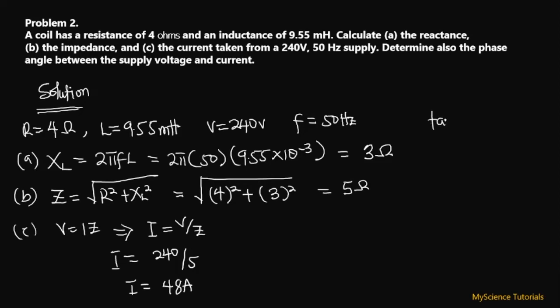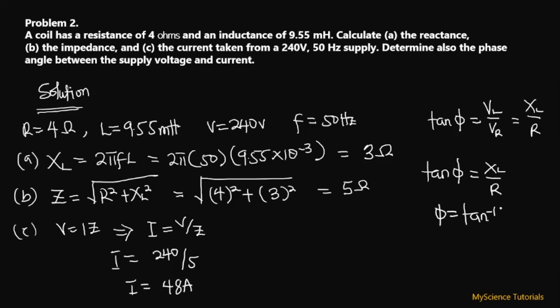We know that the tan of the phase angle is equal to either VL over VR, or XL over R. Because in this case we don't have the inductive voltage and the resistive voltage, we are going to be using XL over R. So the phase angle is tan inverse of XL, which is 3, over R, the resistance, which is 4.